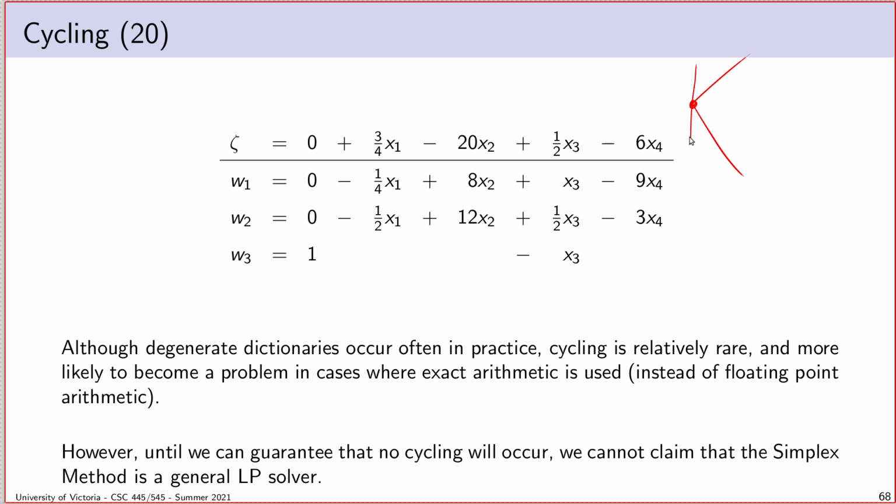It's also worth considering that if we think about the way that LPs get solved in practice, there are lots of ways that we can insulate against cycling occurring just sort of by accident. And one of them is that if we use floating point arithmetic for our calculations, instead of this exact rational arithmetic that I insist on, we know that as we keep running these computations, little rounding errors might accumulate.